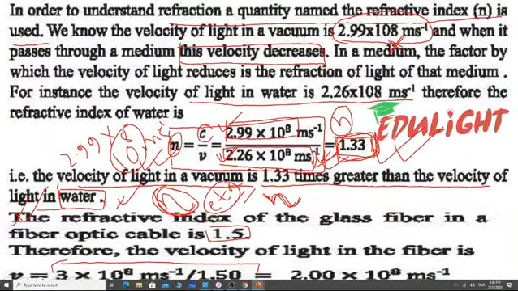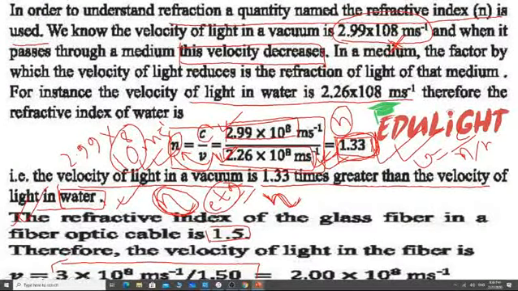So this is the original expression, the same as that of this. Instead of that, what the writer has done is shift this v to here and n to here. So what should the equation be? If I shift this, v will be c divided by n or eta.